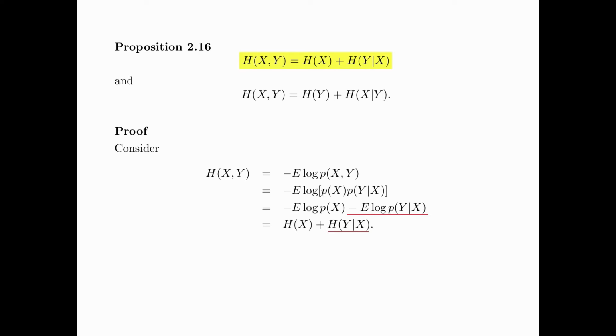In the first step, we first reveal X, and for this, the amount of uncertainty revealed is equal to H(X). And then in the second step, we reveal Y, and the amount of uncertainty revealed in the second step is equal to H(Y|X). Now this formula says that whether you're going to reveal X and Y in one step or in two steps, the total amount of entropy is actually the same.